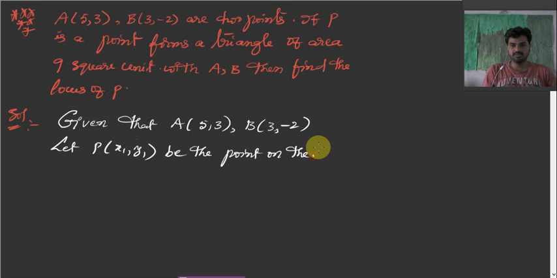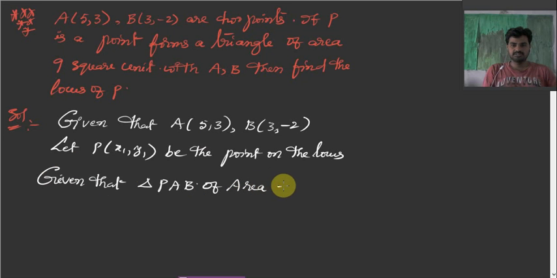Now here the given condition: if P is a point that forms a triangle of area 9 with the points A and B, that means the point P together with the 2 points A and B forms a triangle PAB. Given that the triangle PAB of area is equal to how much? 9 square units is given.